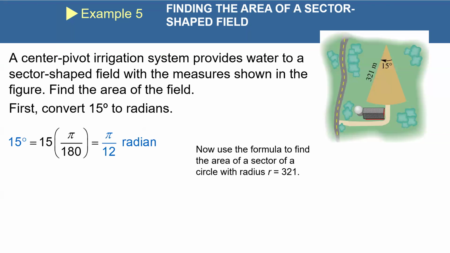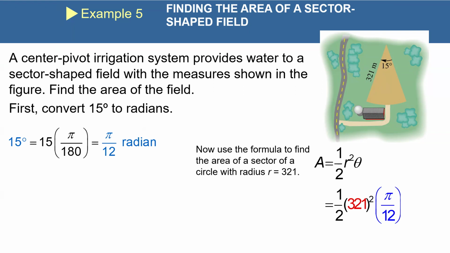Am I ready now to plug it into the formula? Yes. So I'm going to plug it into the formula like so. 1/2 r squared times pi over 12. Do 1/2 321 squared times 15 times pi over 180.